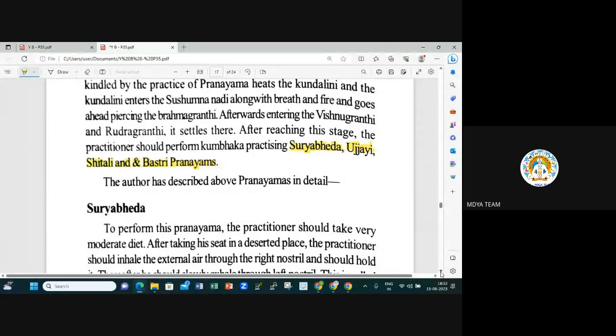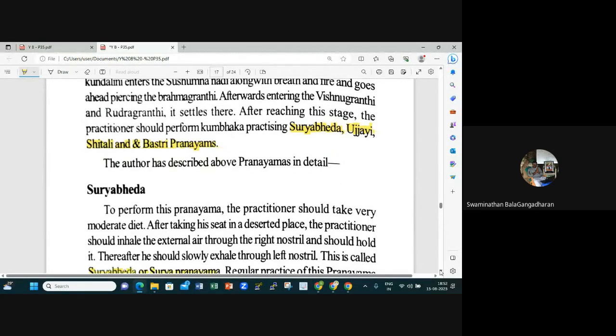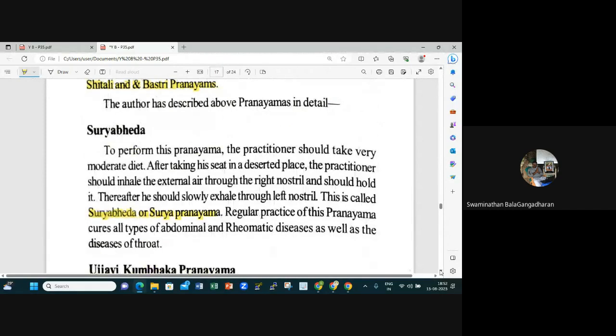Okay. But ma'am, in Surya Bheda also, as we are seeing on the screen, it says: after taking a seat in a desired place, the practitioner should inhale the external air through the right nostril and should hold it. So doesn't this mean you're holding? Yeah, that is also Kumbhaka only. Hold it means it is Kumbhaka only.